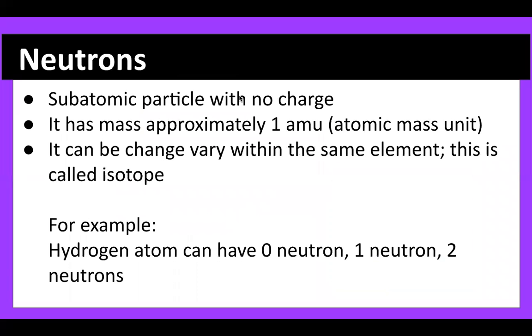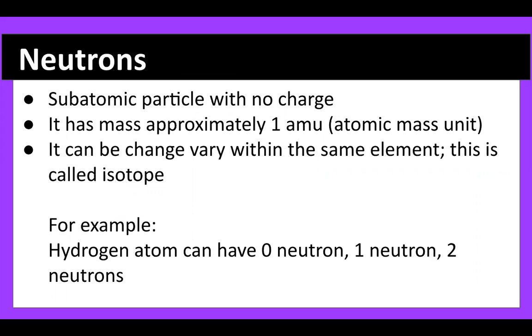A neutron is a subatomic particle with no charge, and it has a mass of approximately 1 AMU again, and its number can vary within the same element, meaning it is still the same element, but now its mass is changed, and this is called an isotope.